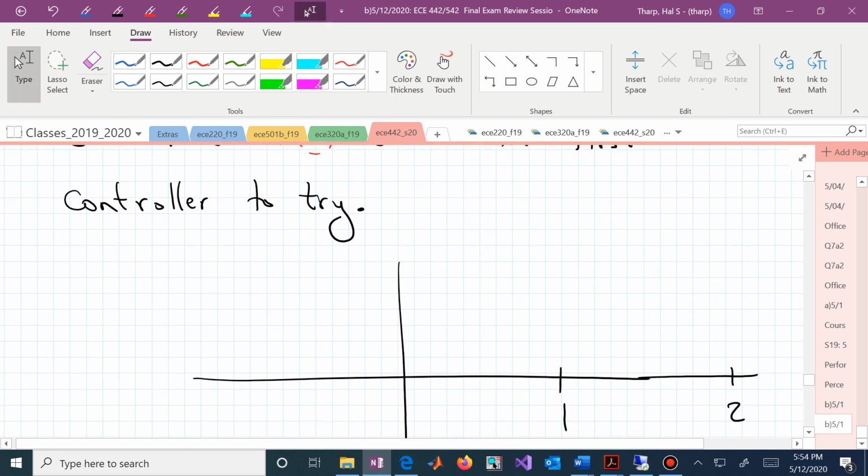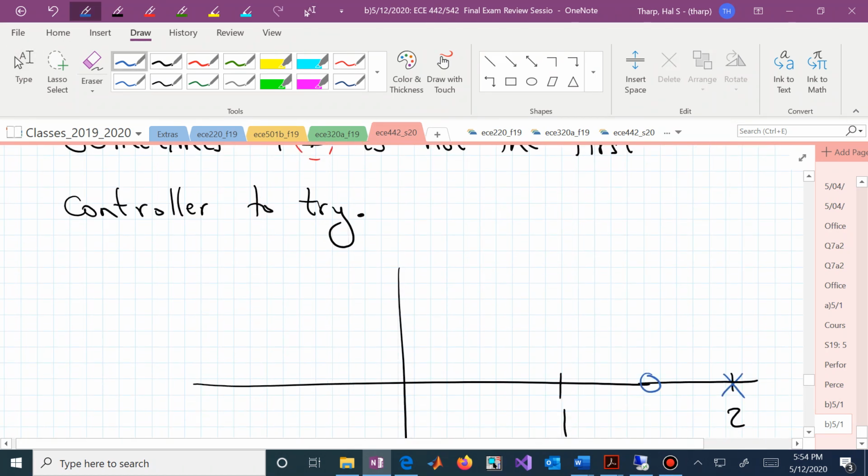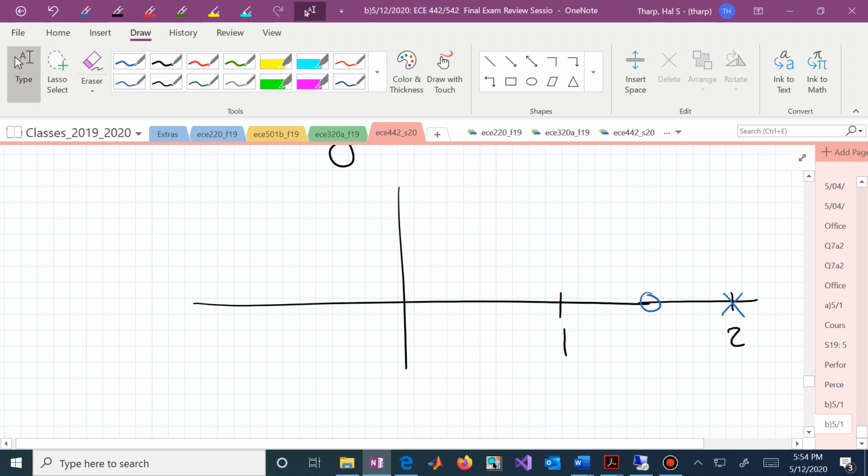We have a pole at 2. We have a 0 at 1.5. We can't stabilize this system with a constant gain controller because that is stuck. If we look at a root locus of that, we're stuck there. So what do we do? Wait a minute. We could maybe try our story.